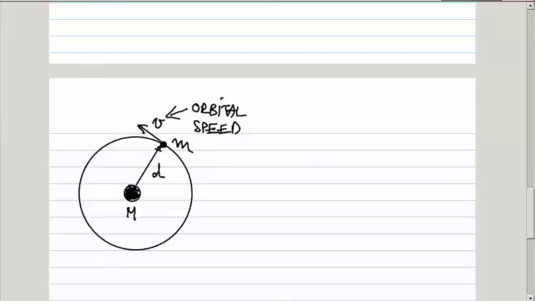And, of course, there is a force of gravitational attraction that is responsible for this. Okay? So basically what Newton's second law tells us is that the mass of this body here times its acceleration, and it's accelerating because it's moving along a circular orbit, and its velocity is changing direction all the time.